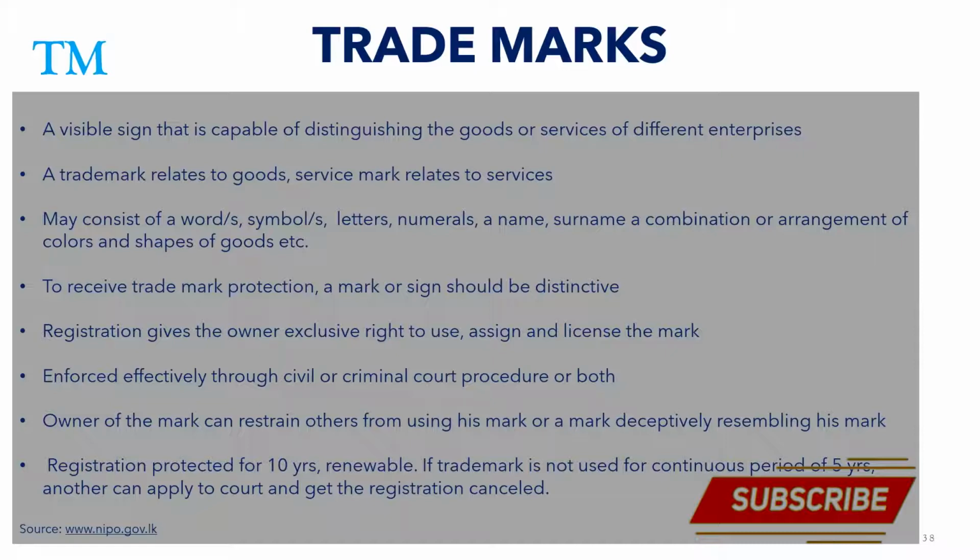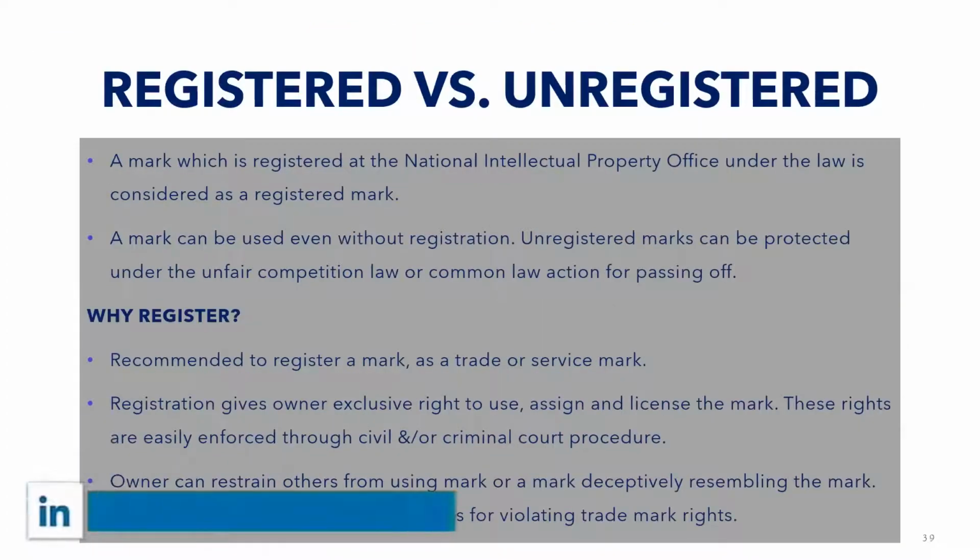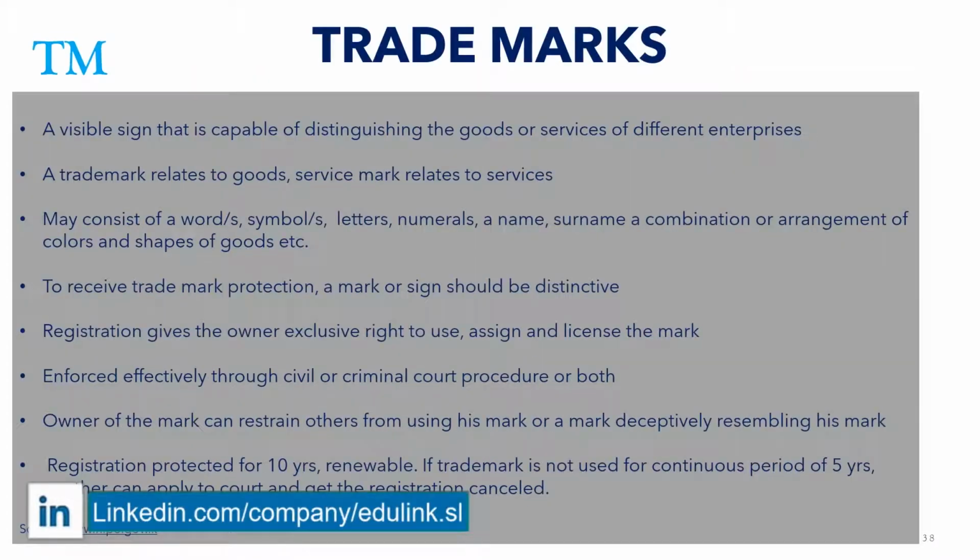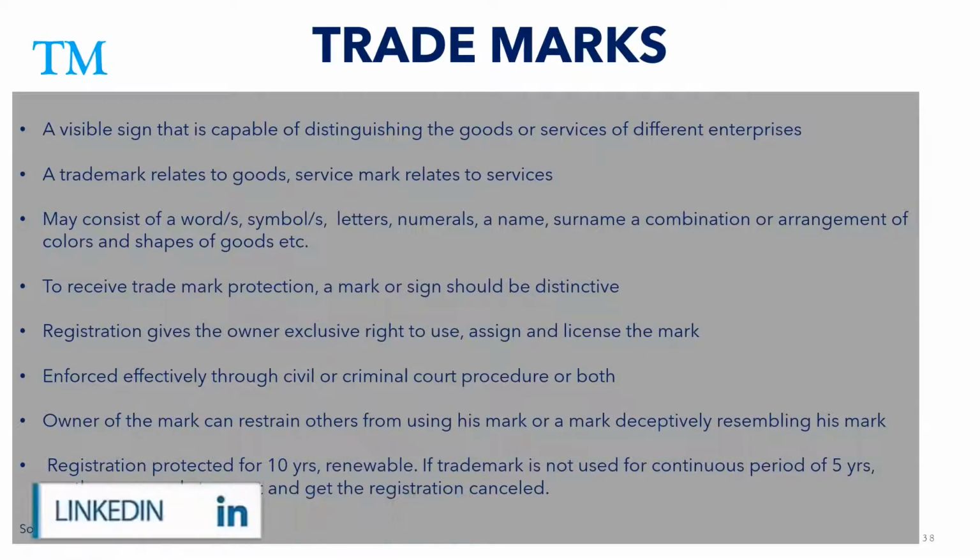Another important thing that we have to talk about when it comes to trademarks is this thing called NICE classification. Okay, it's actually spelled NICE, but we pronounce it as NICE, right? So this NICE classification basically has all the goods and services that are traded, and they are classified into 45 classes.